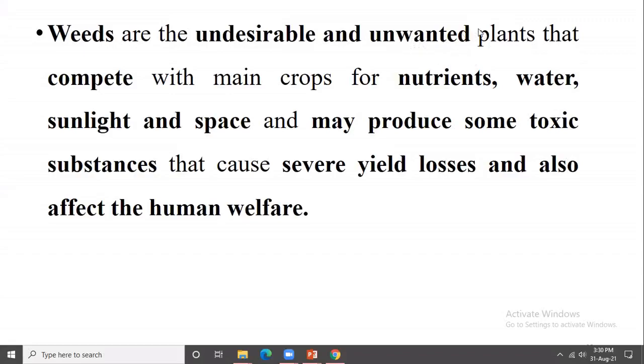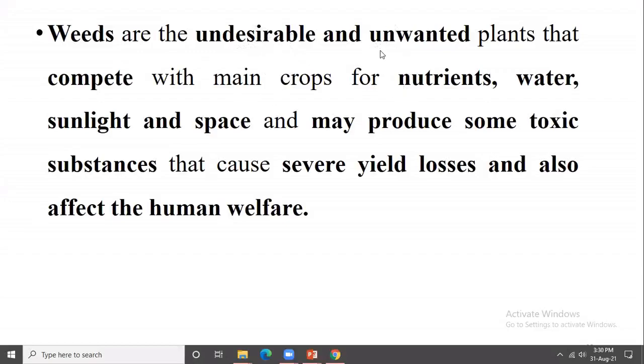Undesirable means we commonly have some weeds like Cyperus rotundus and Mimosa, that have no advantage. In a paddy field, the Cyperus rotundus plant is an undesirable plant.